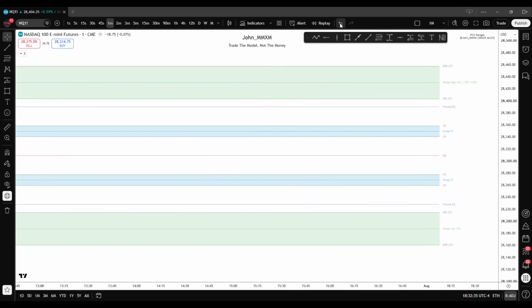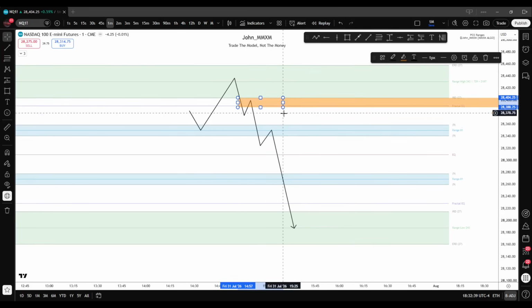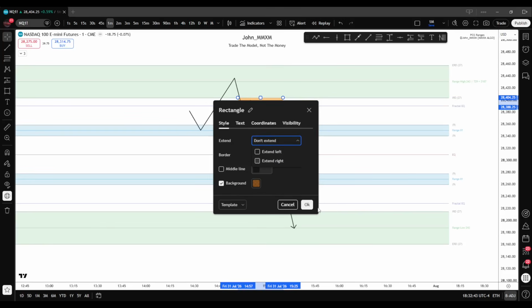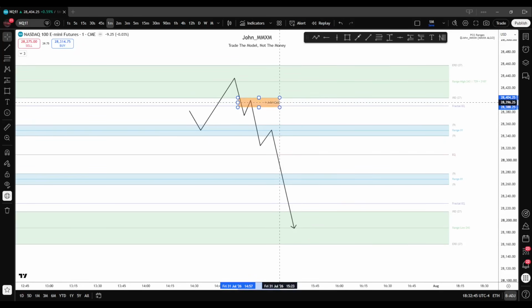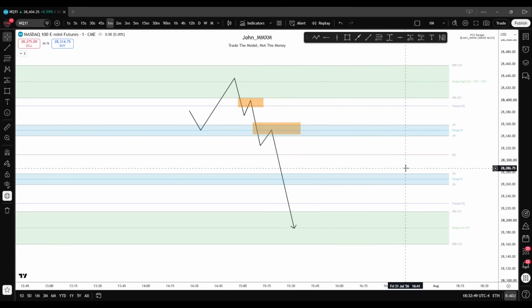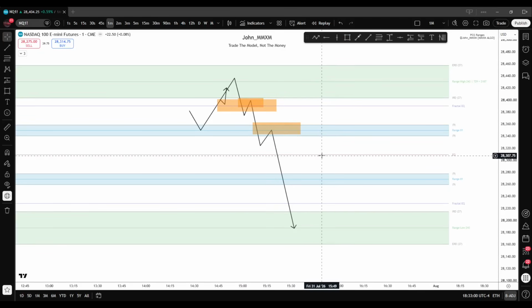All right, so in this case, we are looking basically for a fair value gap to be in these areas for some kind of entry. And I prefer it to be a gap, okay? But obviously, if there is stuff on the left side of the curve, like let's say there was a retracement here, that would be nice too.